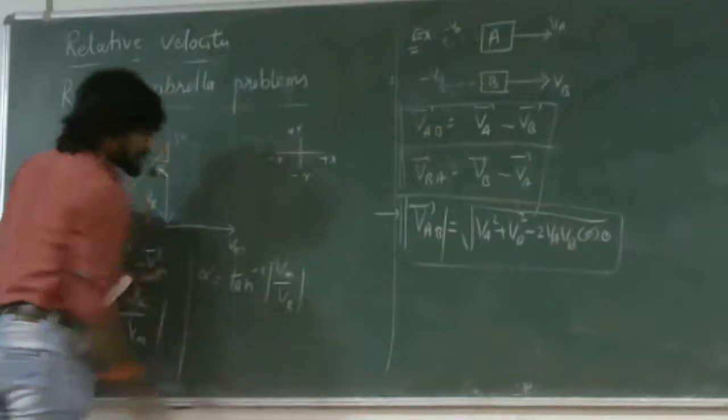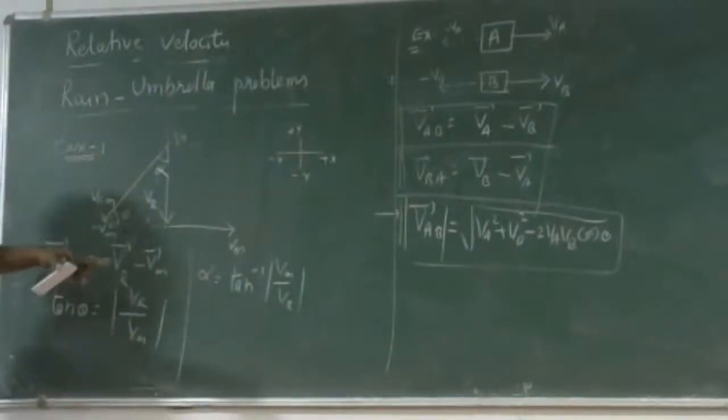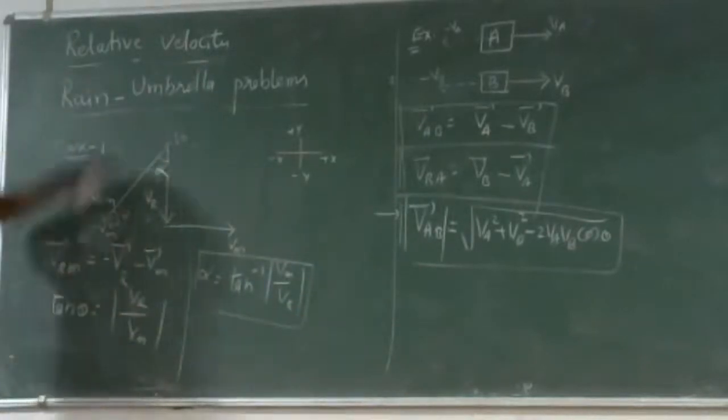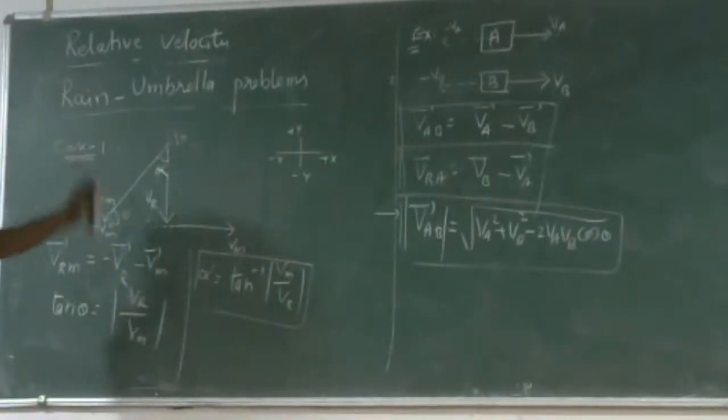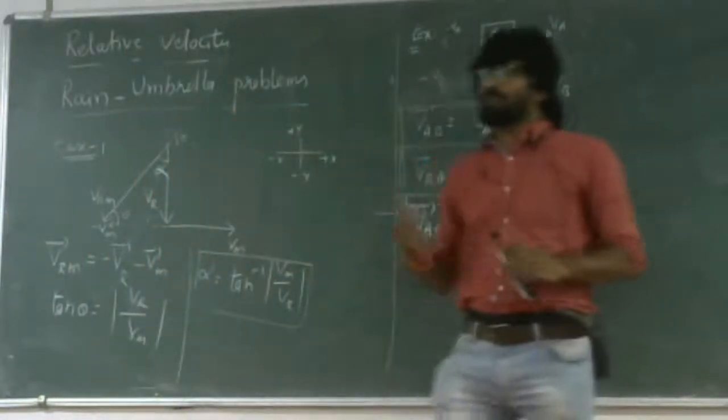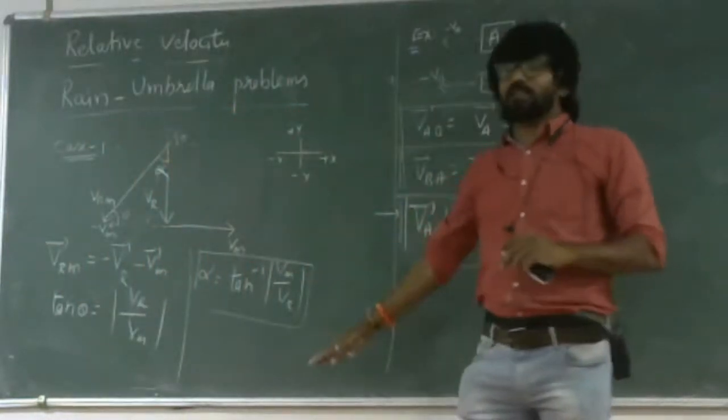Only magnitude you have to consider, without the negative sign. Is it clear, everyone? So these are the important points you have to keep in mind related to rain umbrella problems. This is one case, the basic case. Here we come across a few more special cases. Let us see quickly. Copy this fast.